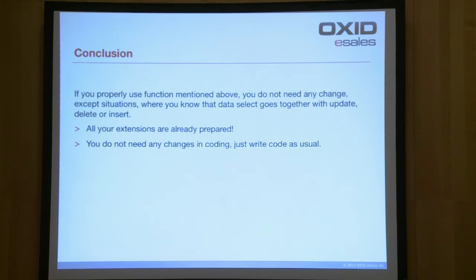And the conclusion is that if you follow these simple rules, or already follow them by good development manners, then your models and your custom code that we use in your custom shop are already prepared for master slave. So basically what you need to do is just set up master slave database replication and add a couple of parameters in your config. So that's all.